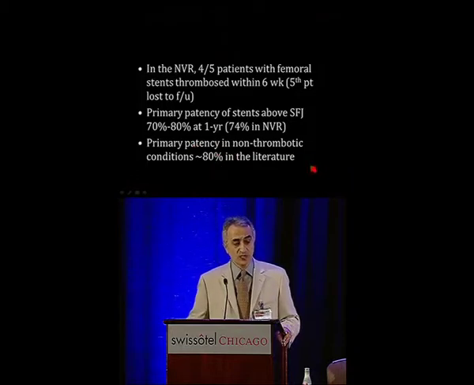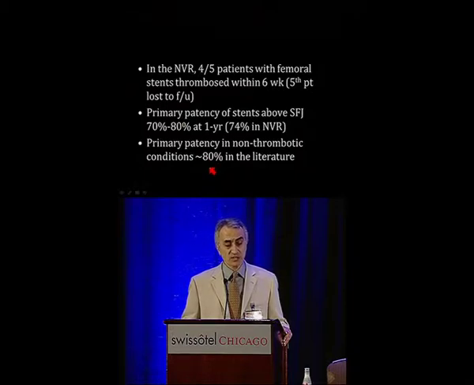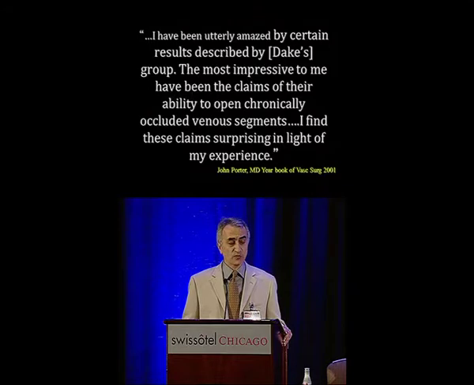Primary patency in non-thrombotic conditions is over 80%. Most of the papers in non-thrombotics come from basically 2 labs, and they're discussing 95+% patency, which in my opinion is probably in a lot of places that may not need the stent to begin with.